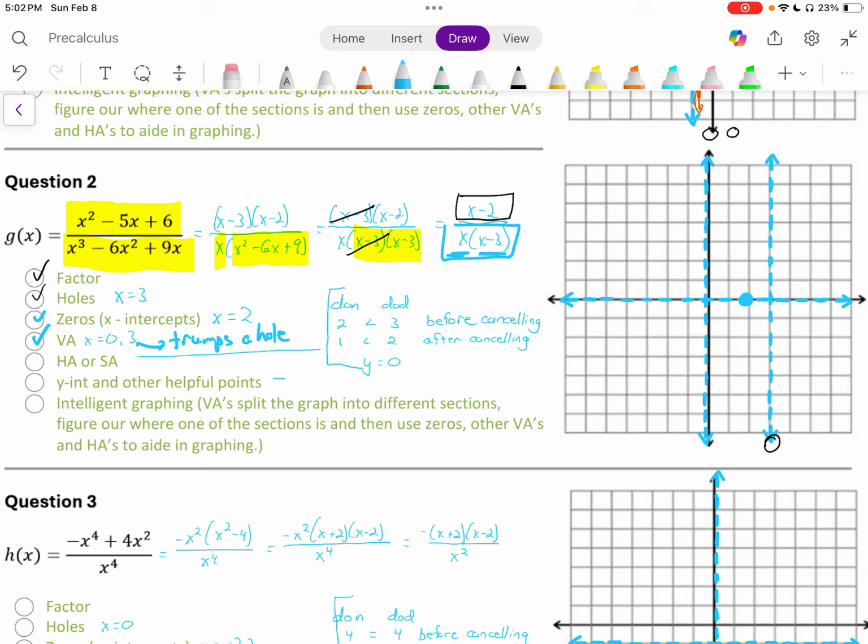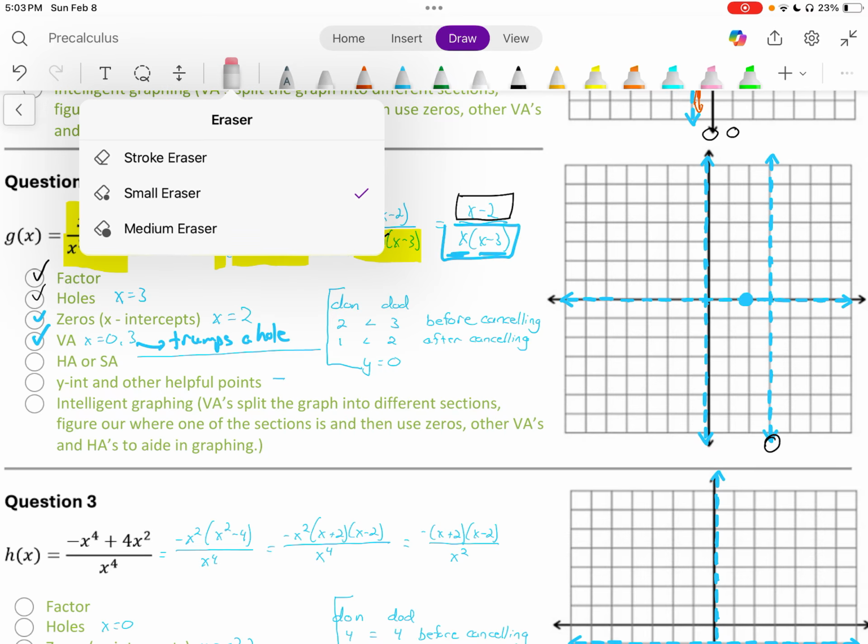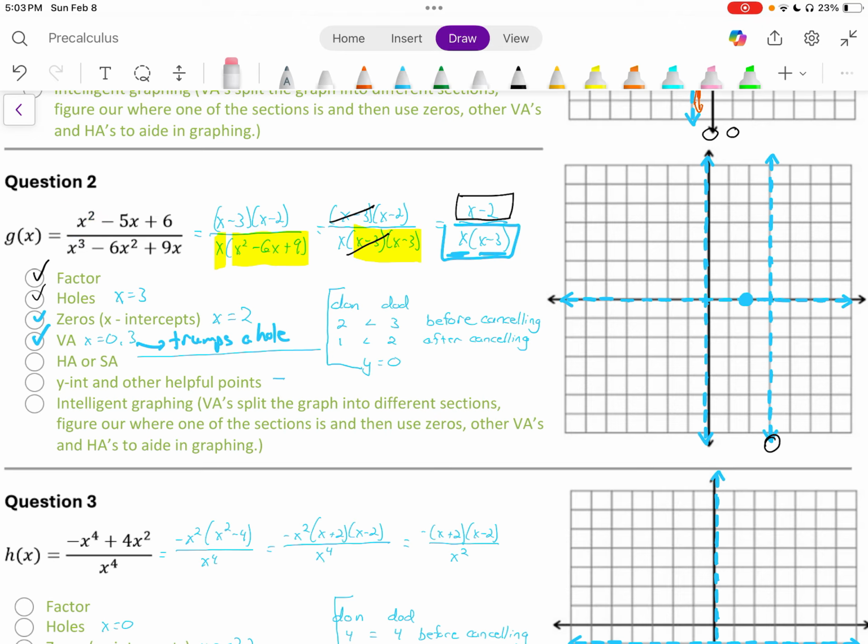Horizontal or slant asymptote. This one's pretty simple. Right from the beginning, we can look at the degree of the numerator, which is 2, compared to the degree of the denominator, which is 3. The degree of the numerator is less, so therefore the horizontal asymptote is at y equals 0.